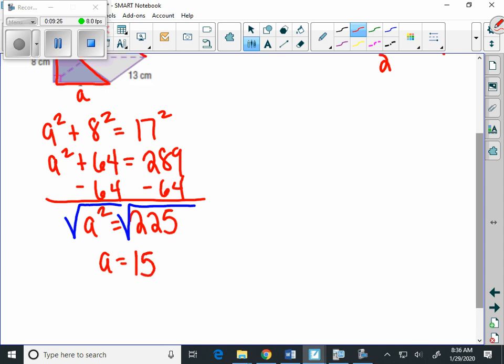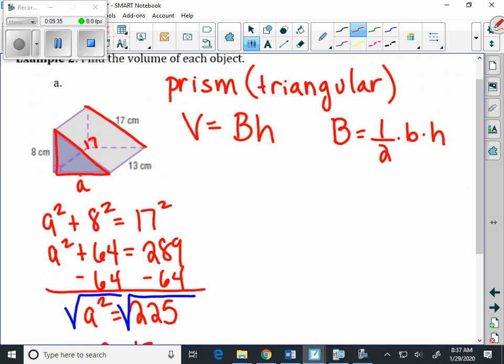Again, just because I'm doing it doesn't mean that you can't or don't need to use Desmos or your calculator. So what we know now is that this value here is 15. And we can find the area of the triangle, because the formula for the area of the triangle is 1/2 times the 15 that we just found times the 8, which is already in the triangle.